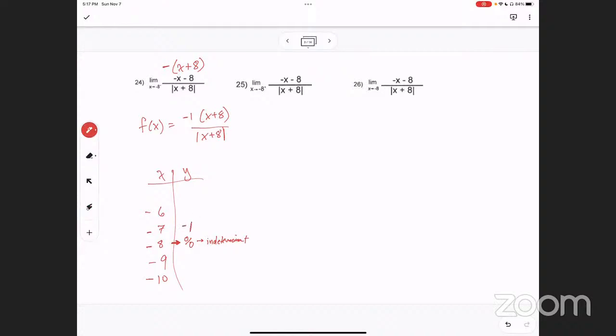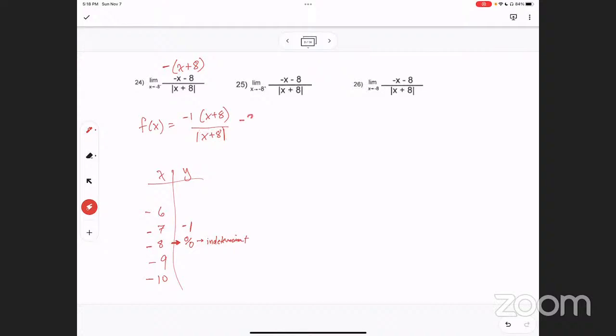How about -6? When I plug in -6, what do I get? Look at it carefully. -6 plus 8 is what? 2. But there's a negative, so -2 on top, and what's -6 plus 8 on the bottom? 2.